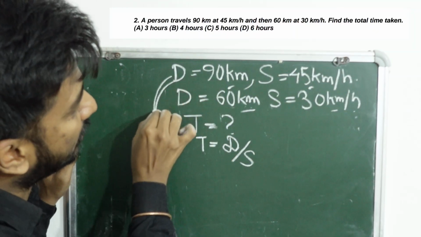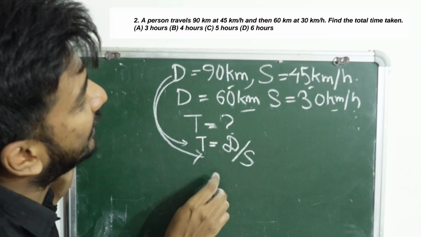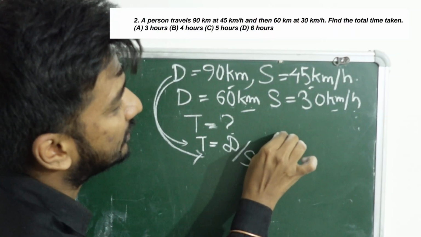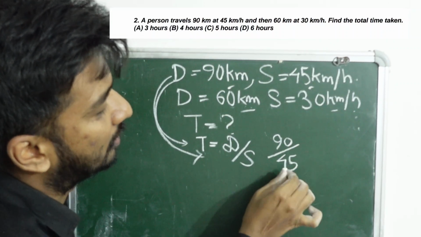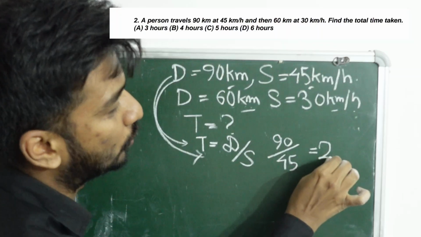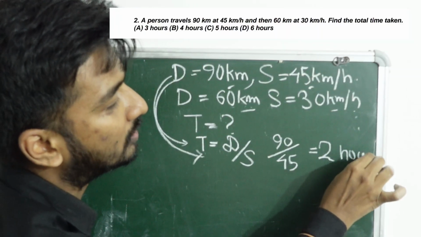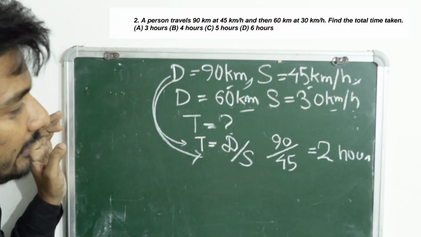So in the first part of the question, what will be the answer? Distance is 90 kilometers. What is the speed? 45 kilometers per hour. What will be the answer? 2 hours. Why hours? Because it is given in hours only.